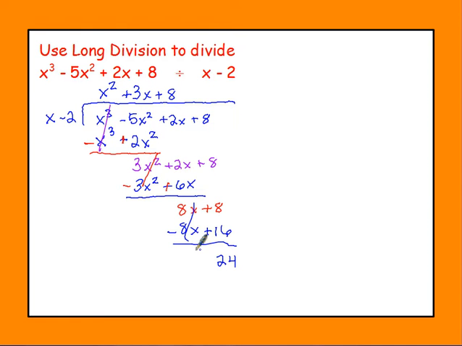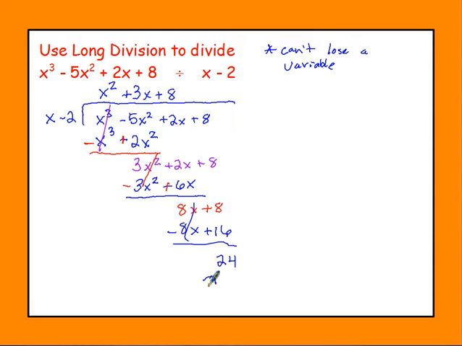Okay, and now you have to ask yourself, x times what will give me 24? Well, here's the thing: you can't lose a variable. What I mean by that is an x can never just become a constant. An x squared can never just become an x, an x to the third power can never become an x squared, and so on and so forth. So basically, once you get to the point where there are no more variables that you can match, this is your stopping point.